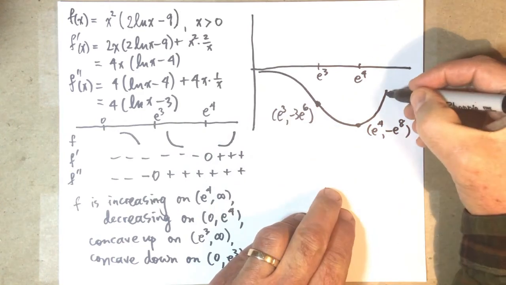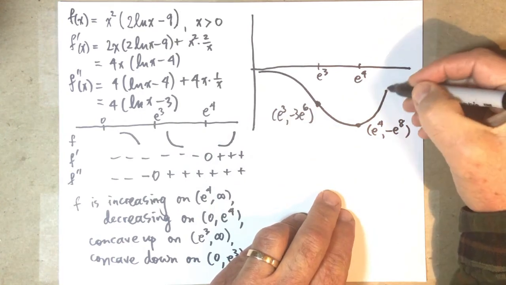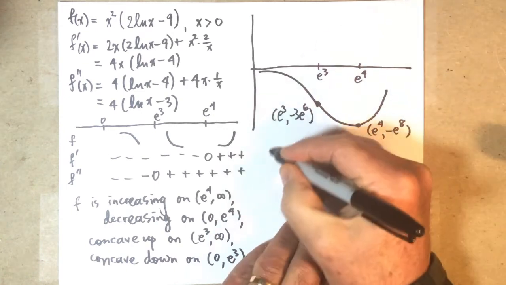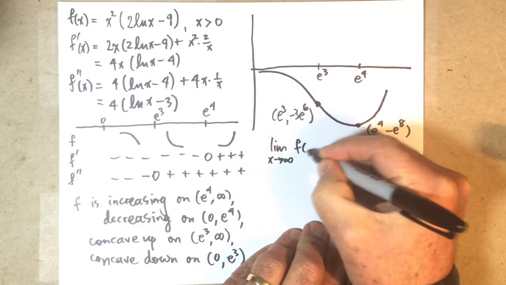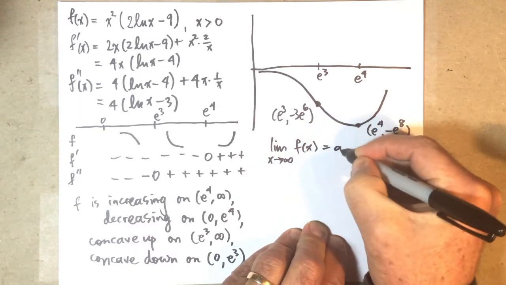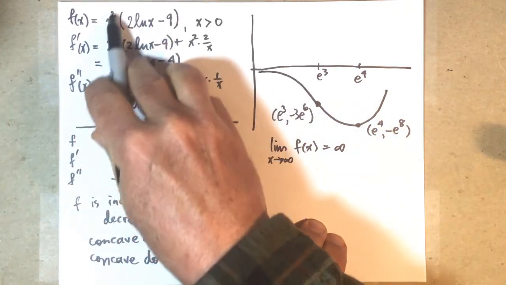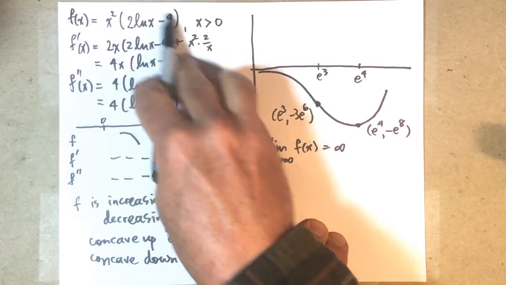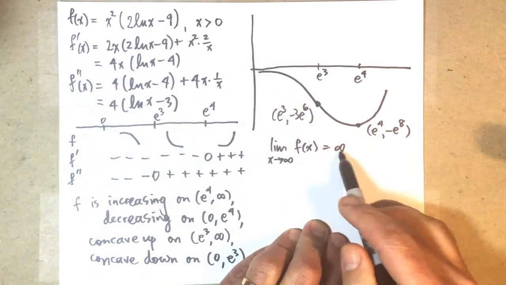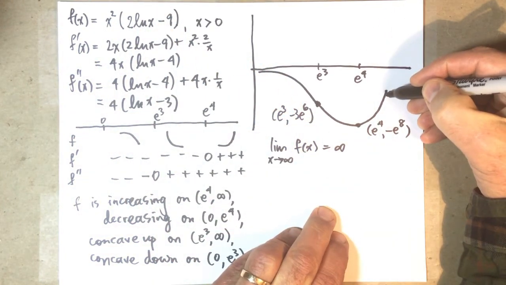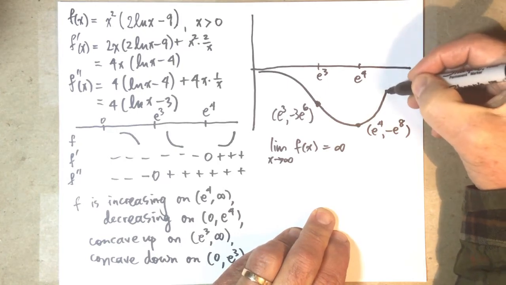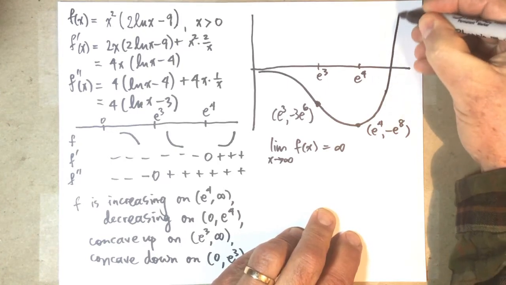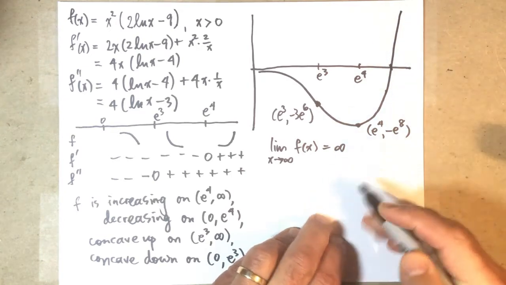For now, it's easier to see what's happening on this end, because if you take this limit, x goes to infinity, the function certainly goes to infinity. If you look at the original function, this is going to infinity, this is going to infinity, everything goes to infinity. And in order for the graph to go up to infinity, it's got to cross the x-axis by the intermediate value theorem.